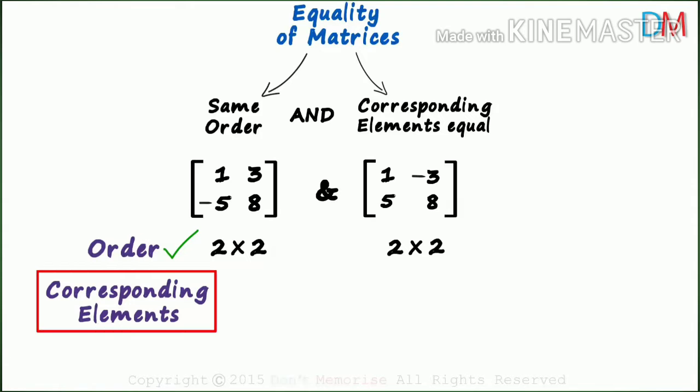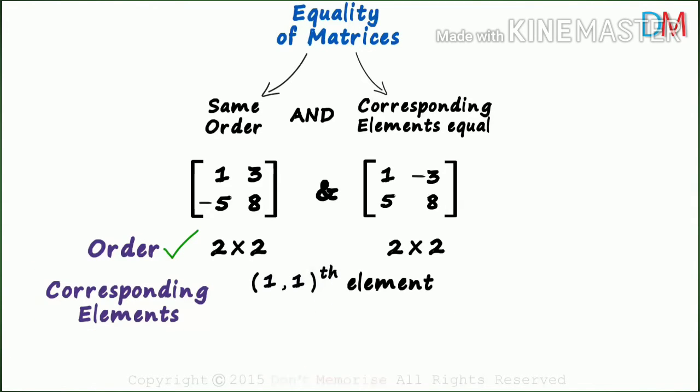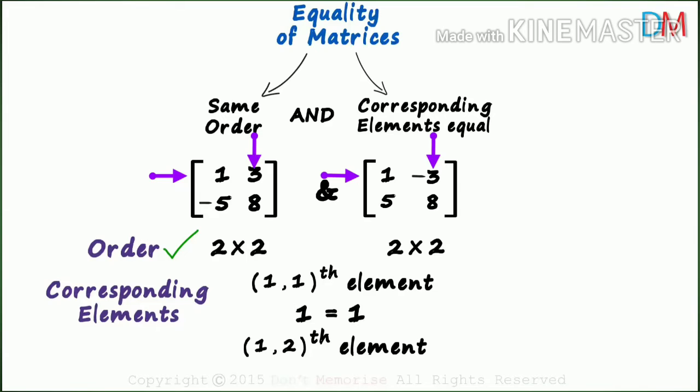What about the corresponding elements? We start with the 1/1th element. The 1/1th element in the first matrix is 1, and the corresponding element in the second matrix is also 1. The 1/1th elements of each of the matrices match. Now we can move on to the 1/2th elements of each of the matrices. 1/2th implies first row and the second column.